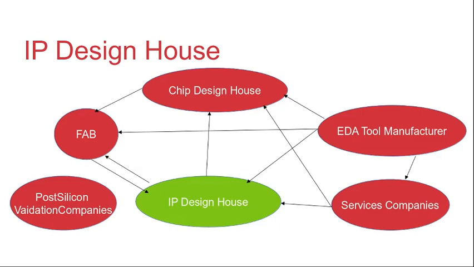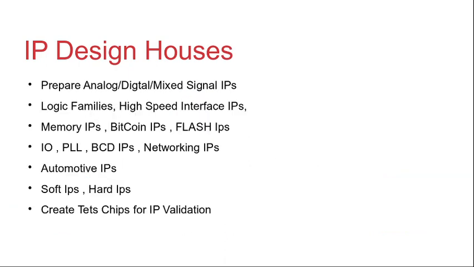IP design house. The IP design house is connected to the fab because when you order the PDK from the foundry, you also need compatible IPs to use in your design, whether you are doing an analog or a digital design, any type. IP design houses manufacture different types of IPs like analog, digital, and mixed signal IPs.